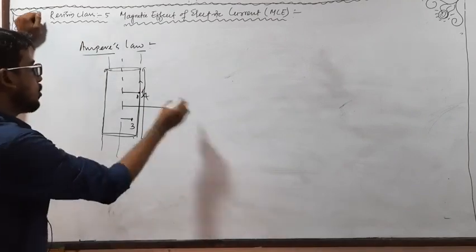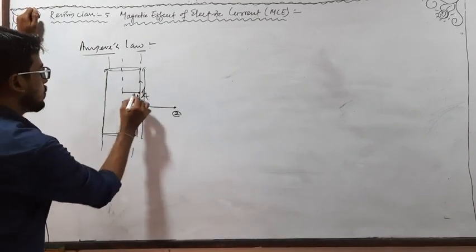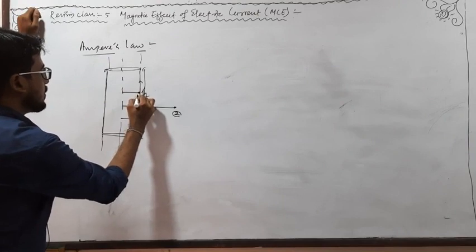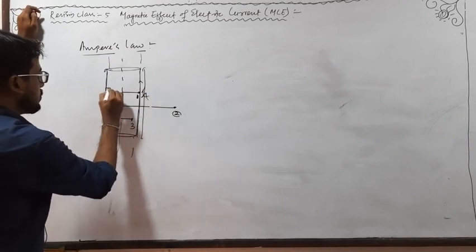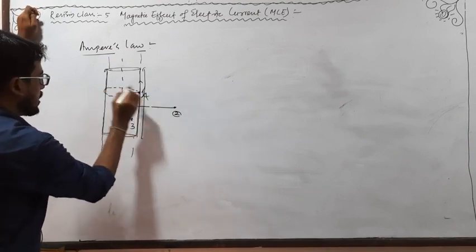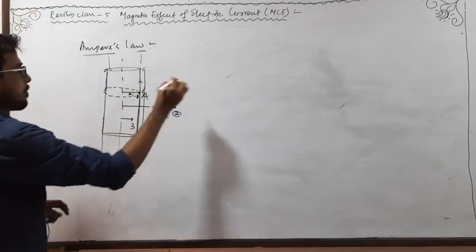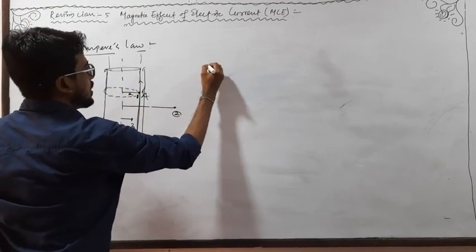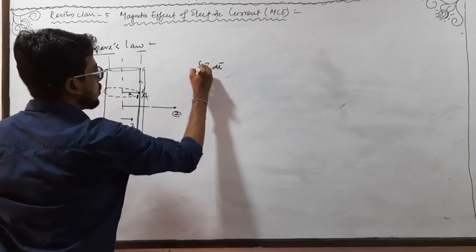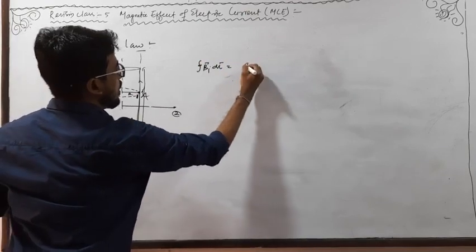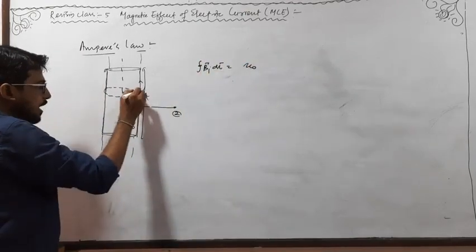First of all, to find the magnetic field at point 1, I assume an Amperian loop over that point of radius r. By applying Ampere's law, closed integral of B1 dot dl equals mu naught I enclosed. What is I enclosed?